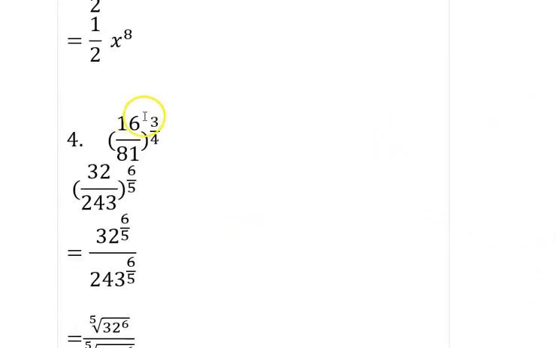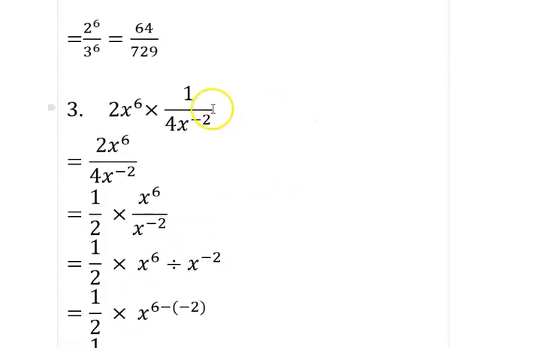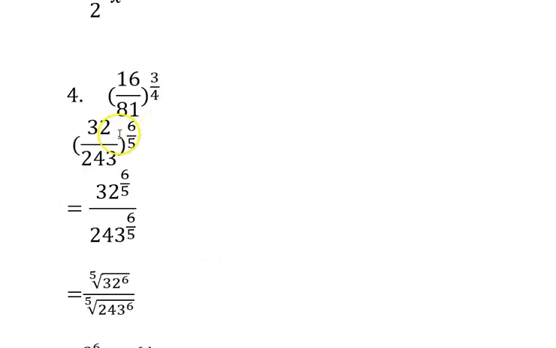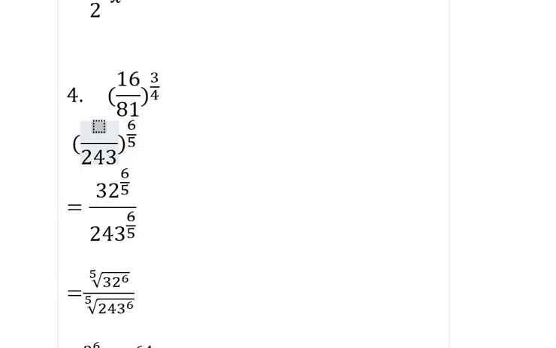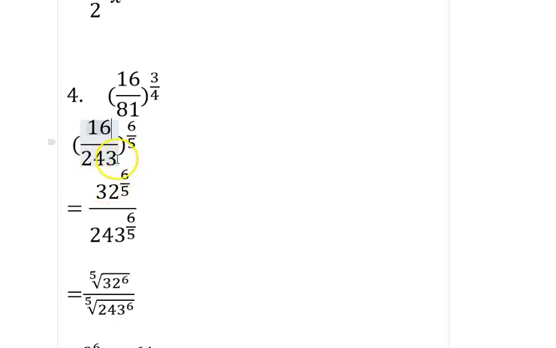Now here we have 16 over 81 raised to power 3 over 4. The same thing. It means this 3 over 4 belongs to 16, and 3 over 4 belongs to 81. So we just put our 16 here, because it is the same method as that question.